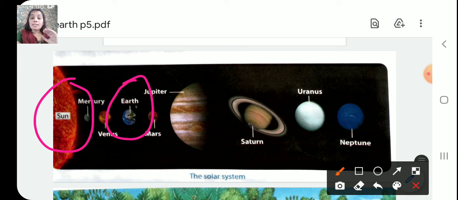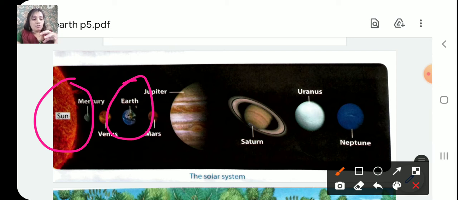And the earth is enveloped by a balanced blanket of air. So our earth is surrounded by an atmosphere, like it is blanketed. It is covered with air, which is known as the atmosphere.